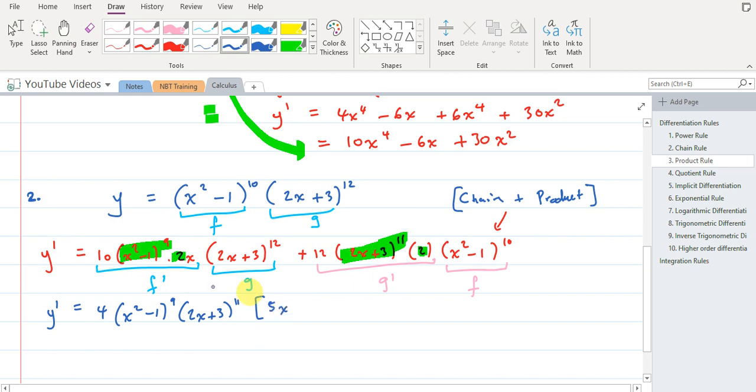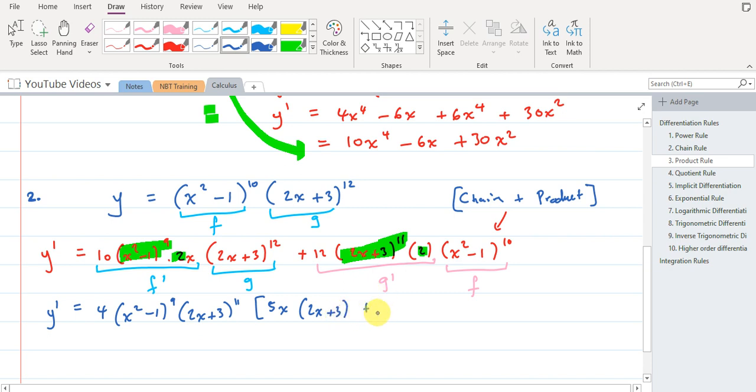Leave the x as it is, 5x. So we're taking this entire term over this entire term here. Now we can see that x squared minus 1 to the power 9 cancels out, and we've got 2x plus 3 to the power 12 cancelling out with 2x plus 3 to the power 11 once. So we're just getting 2x plus 3.